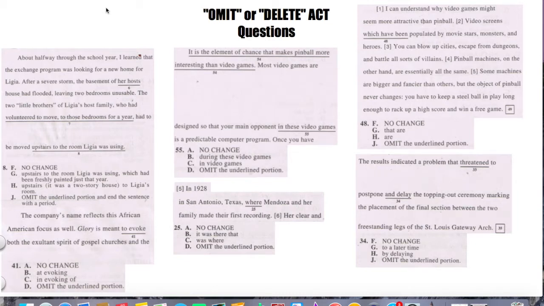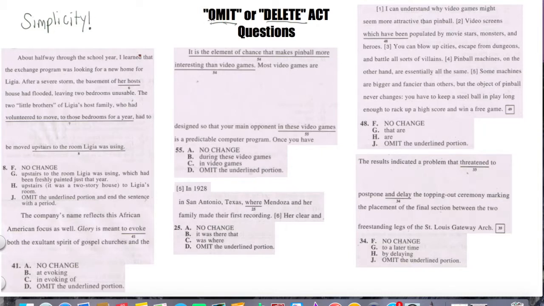Okay, let's look today at a really common problem type on the ACT, and that is the omit or delete questions. Some years they say omit, some years delete. And the first thing to remember about the ACT is that the test makers love simplicity, clarity and simplicity.